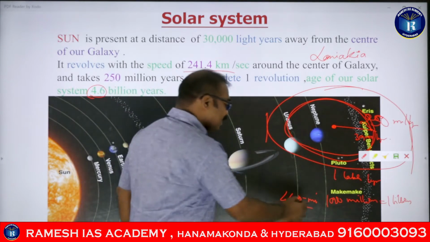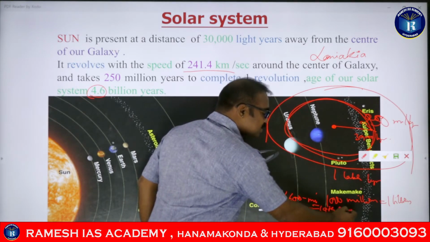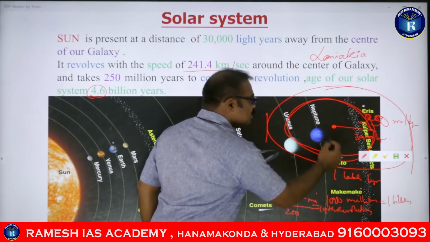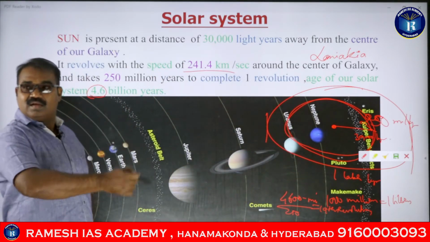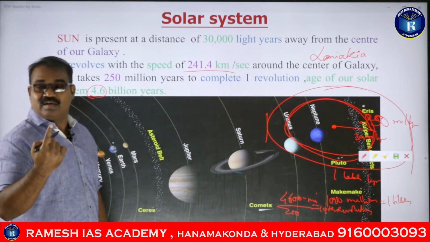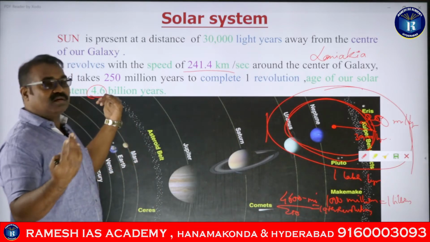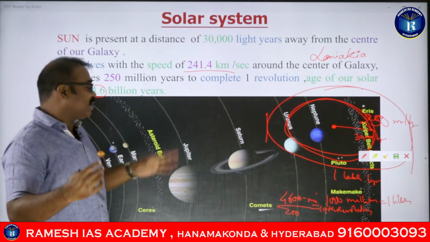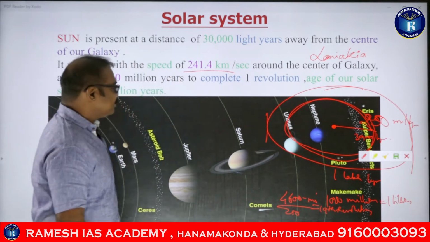So we are in the 19th revolution of the sun around the center of the galaxy. One circle is 250 million, 4 circles make 1 billion, 16 circles make 4 billion, half a billion is 2 circles, so 18 circles are completed and we are in the 19th revolution.